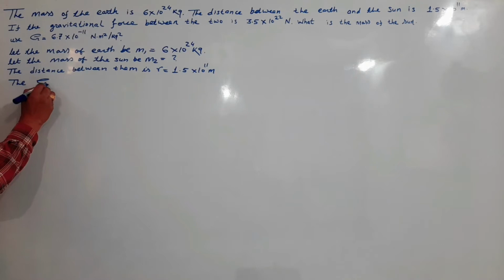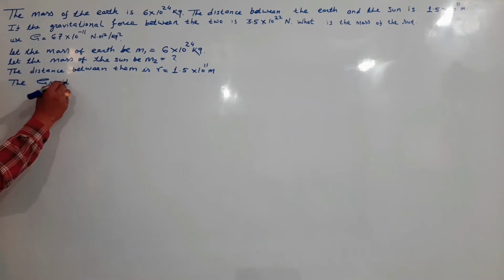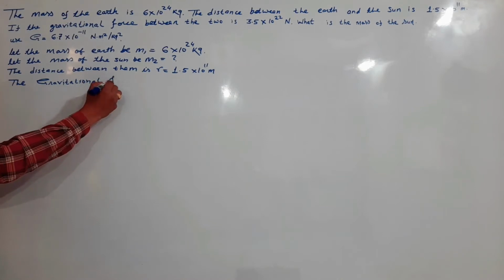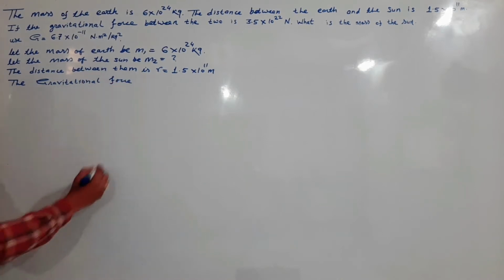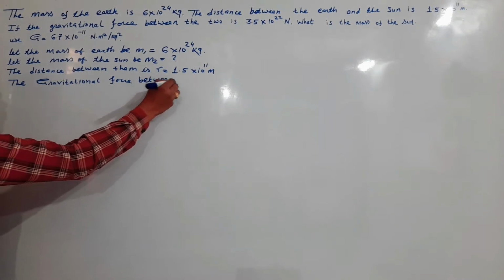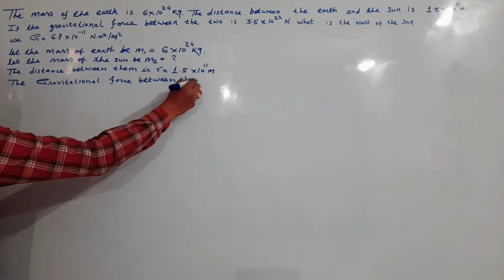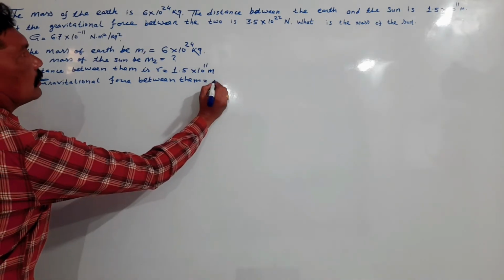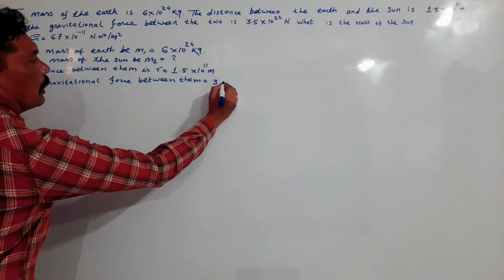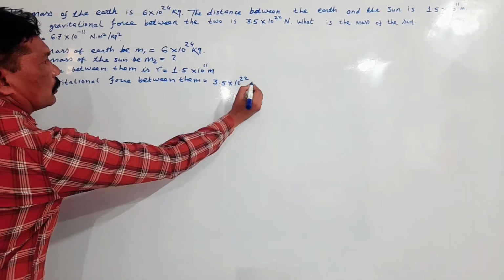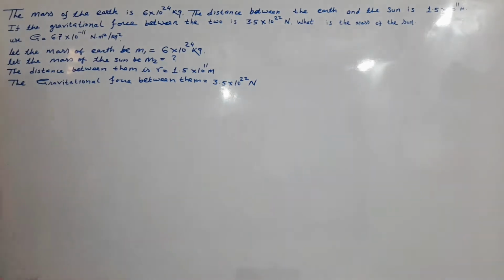The gravitational force between them is given and that is 3.5 into 10 to the power 22 Newton.